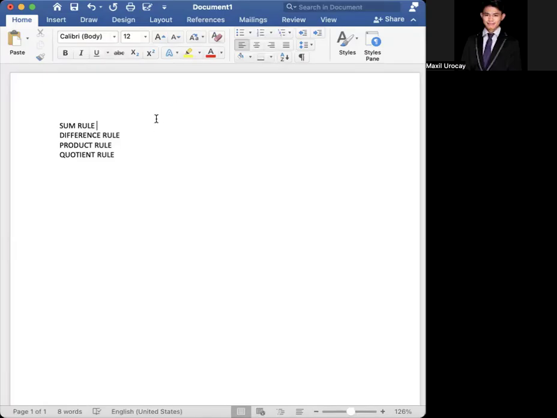Okay, so this will be for the sum rule. Basically, we'll just play a game here. For example, we have f of x equals 10x to the power of 10 plus 7x, for example, plus 100.